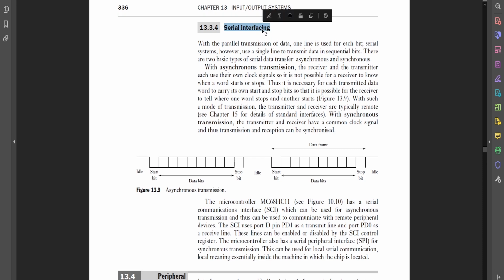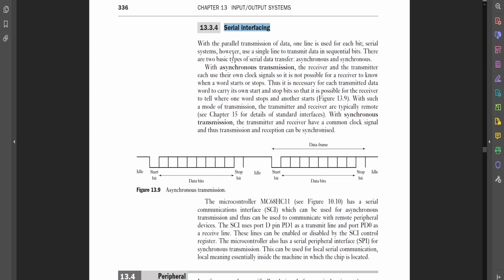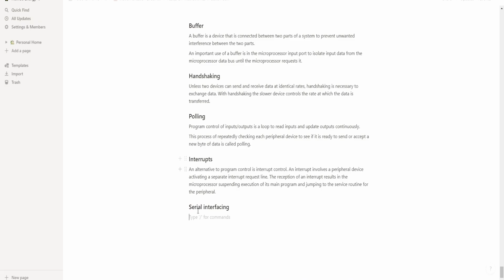Okay, so with parallel transmission of data, one line is used for each bit. Serial systems, however, use a single line to transmit data in sequential bits. Okay, so let's put parallel versus serial for one.